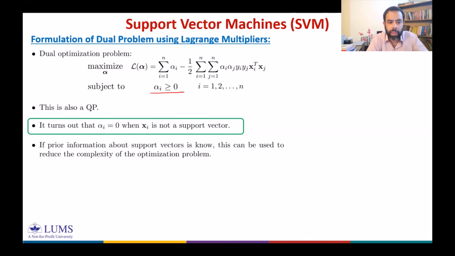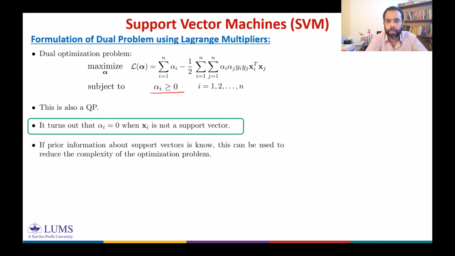If we have some information about the support vectors, this can be used to reduce the complexity of the optimization problem, because we know that some of the Lagrange multipliers which we are trying to find are 0, or we do not need to incorporate those points in this summation here.